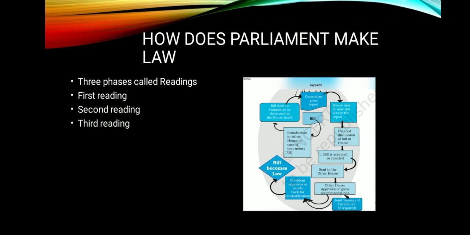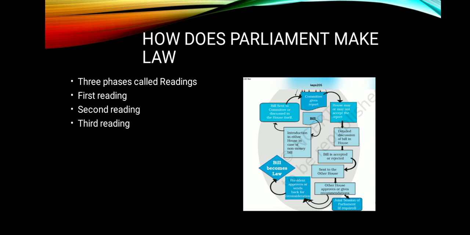In the second reading, the debate takes place in the House. Debate means the ruling party members will speak in favor of the bill, while if the opposition has objection over the bill or they see loopholes in the bill, they criticize the bill, they criticize the government and attract the attention of the government towards the weakness of the bill.